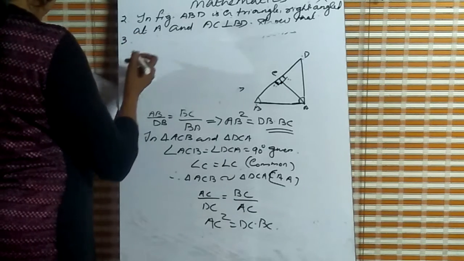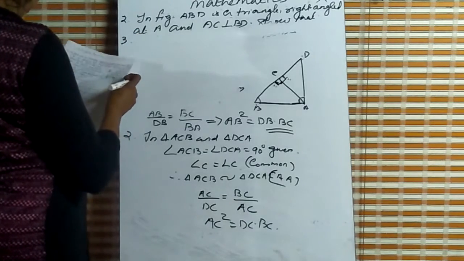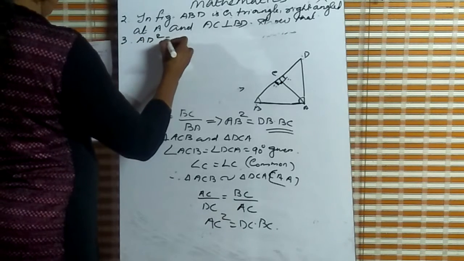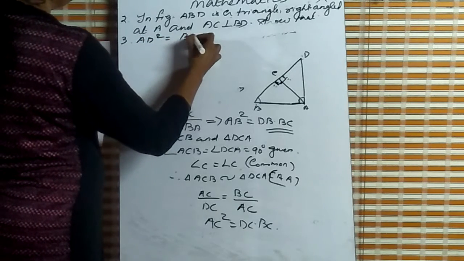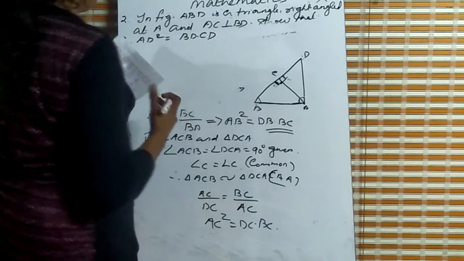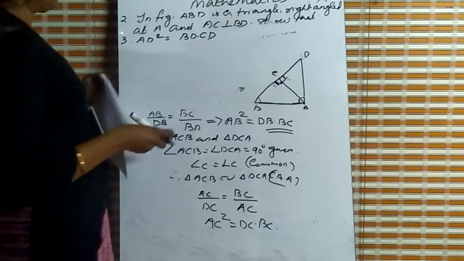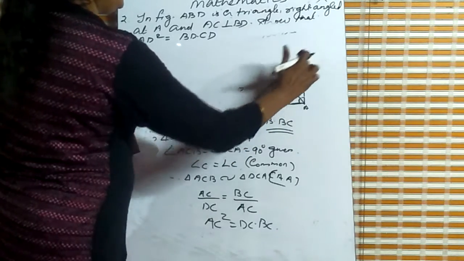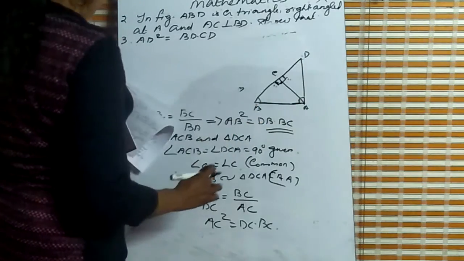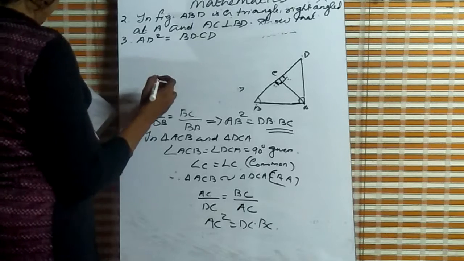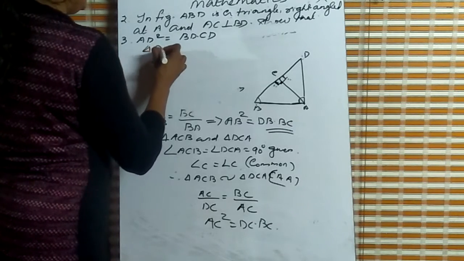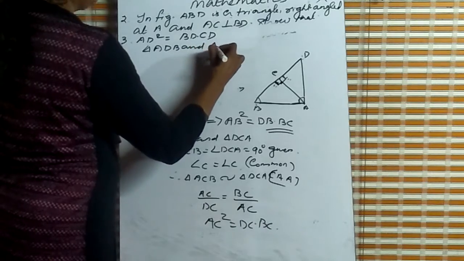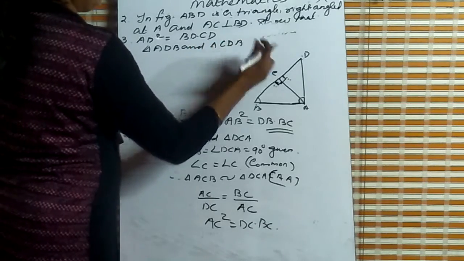Question number 3. AD square is equal to BD into CD. To prove AD square is equal to BD into CD, for that, we take triangle ADB and triangle CDA.